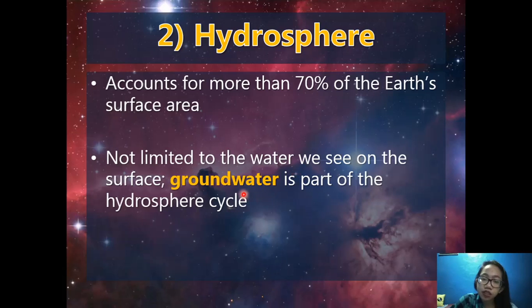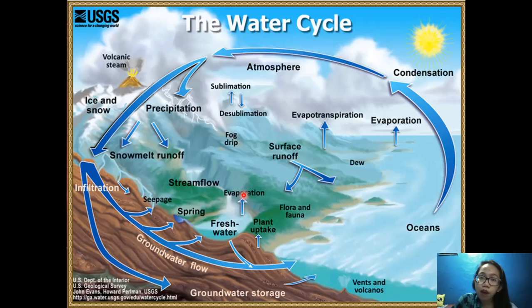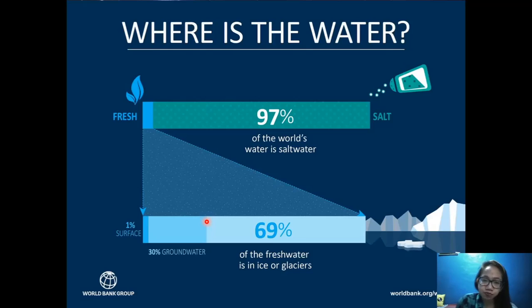We know that there is also some groundwater that is still part of our hydrosphere. So just remember that everything that is part of the water cycle is part of our hydrosphere. So the rain that eventually fills up the land, the rivers, the streams, the lakes, the reservoirs underneath the ground, that's still part of our hydrosphere.